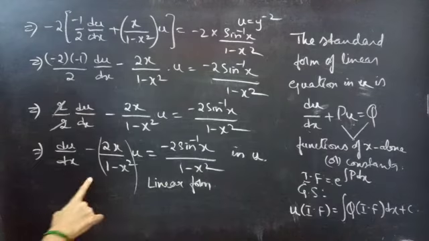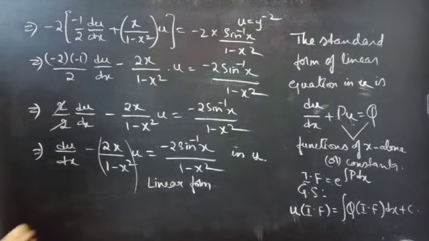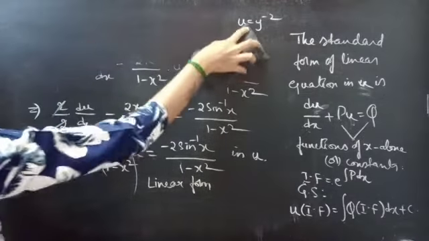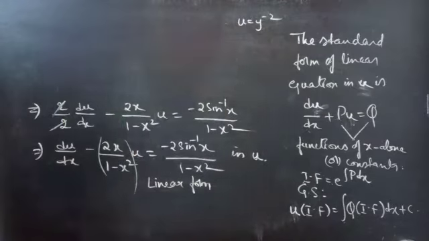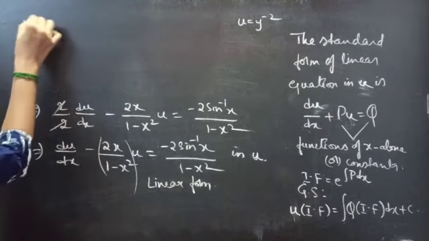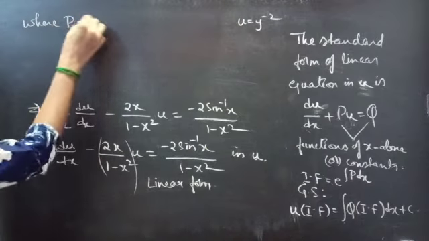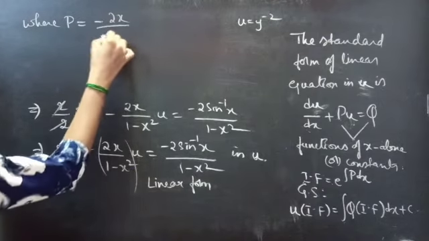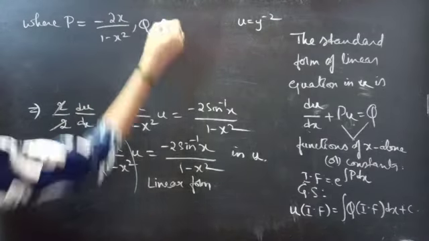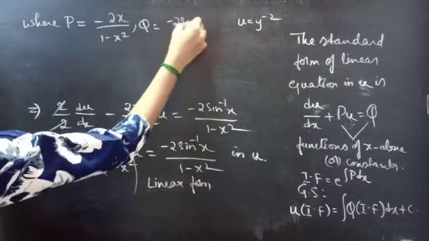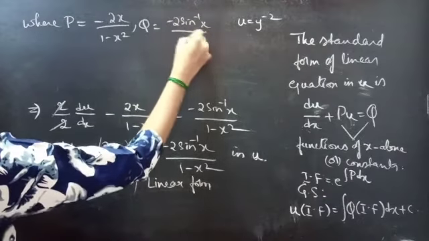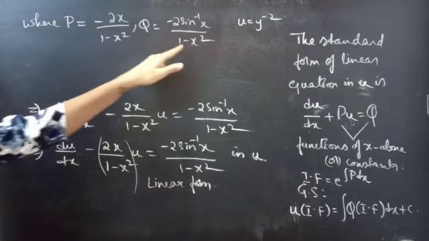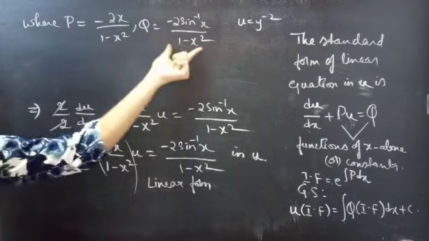Again, by comparing these two, we get P and Q, where P equals minus 2x by 1 minus x square, and Q equals minus 2 sine inverse x by 1 minus x square. It involves only x. It does not involve any variable other than x.